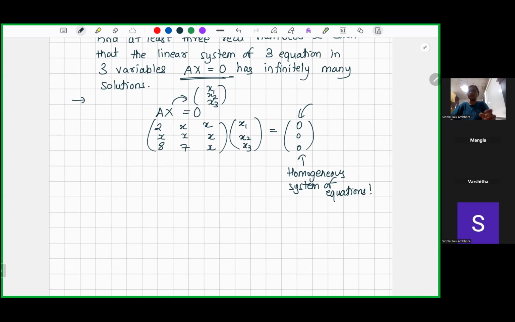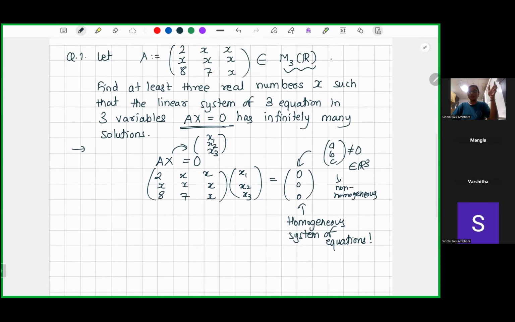If instead of this 0, 0, 0 there is some non-zero vector a, b, c in R3, then it is called a non-homogeneous system of equations.